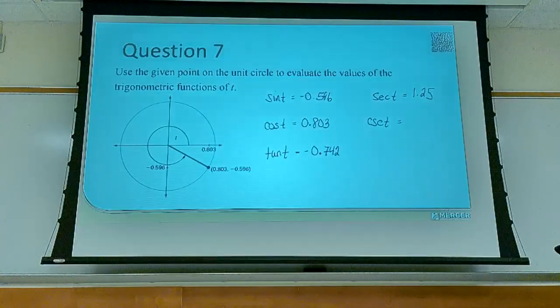Cosecant. Under 5. Negative 1.68. Cotangent.